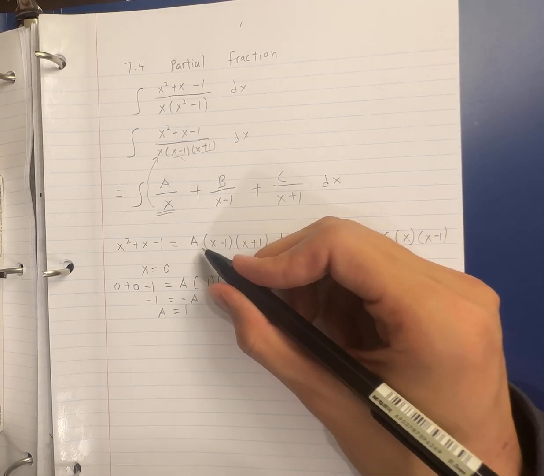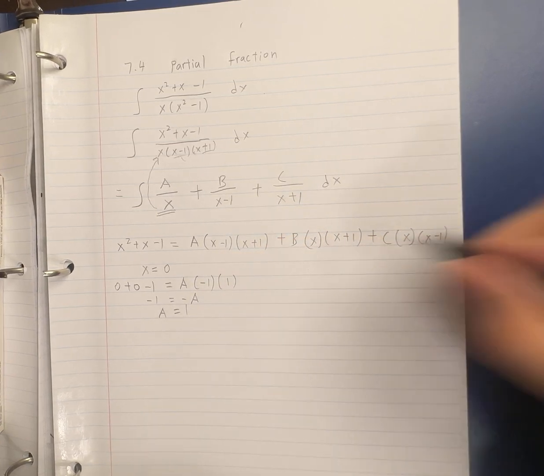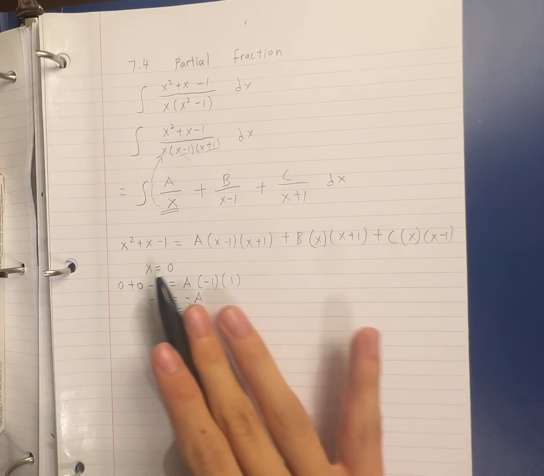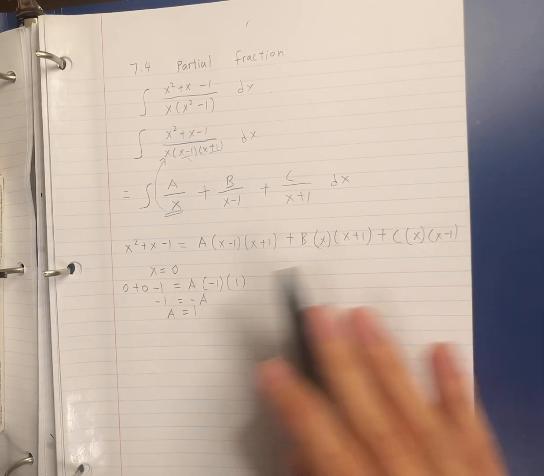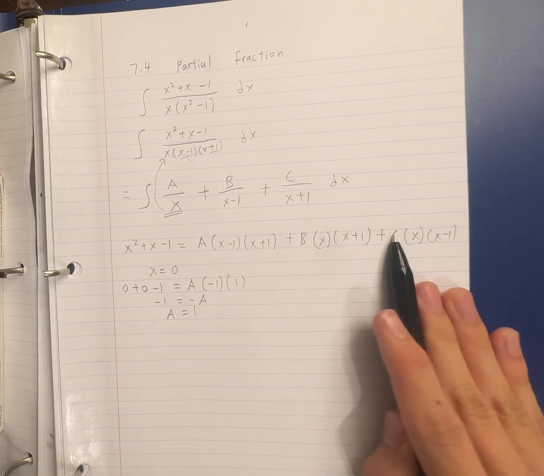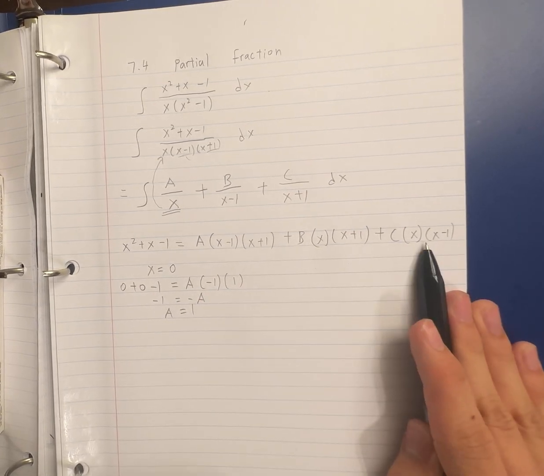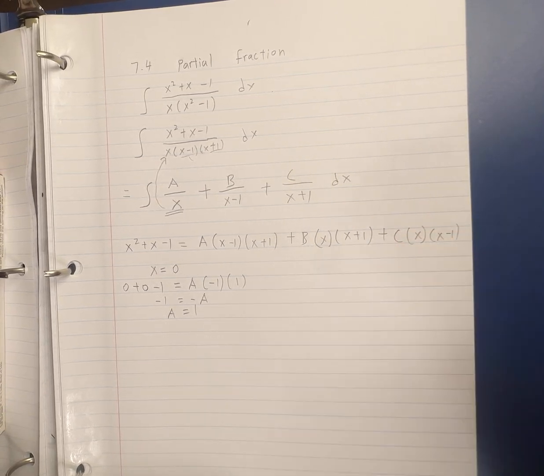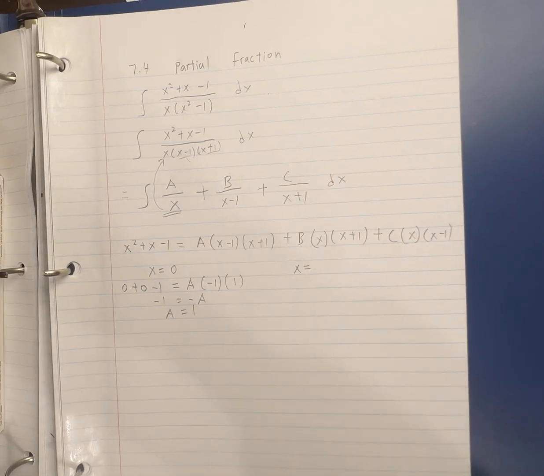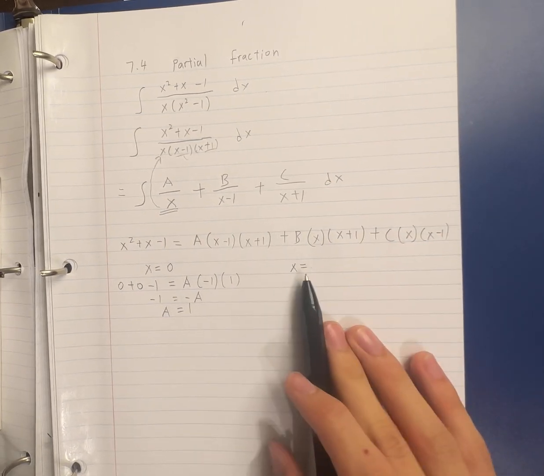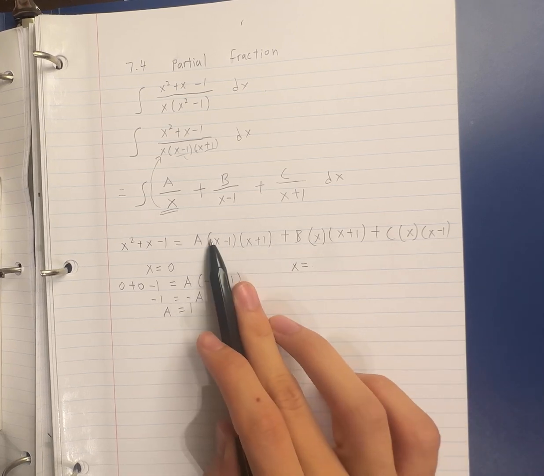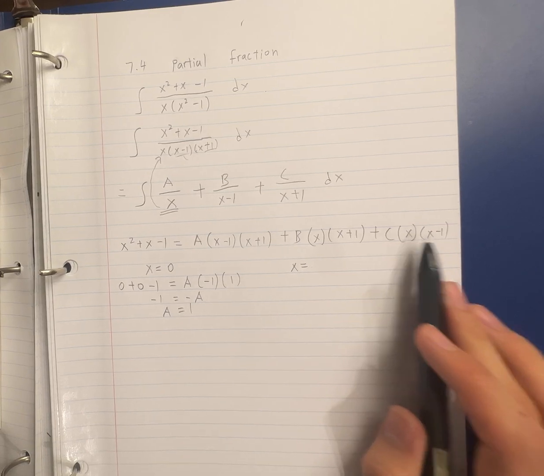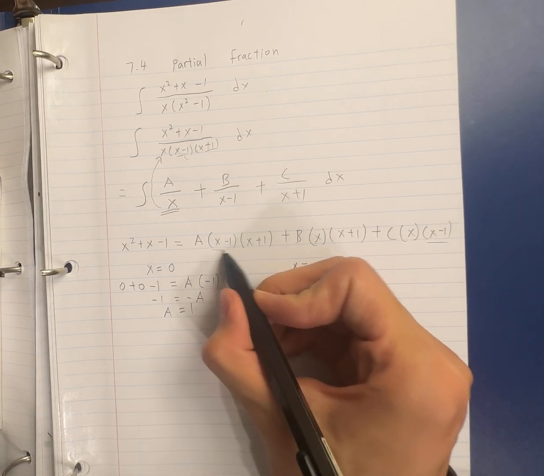And now I have A, which is 1. Now I can solve B. I don't know if you guys noticed something, but when we set x equals 0, you notice for A, B and C, they both have x. So let's say I'm solving for B. What number should I set for x? You look at A and C. I'm solving for B. Look at A, look at C. Do you guys notice they both have x minus 1?